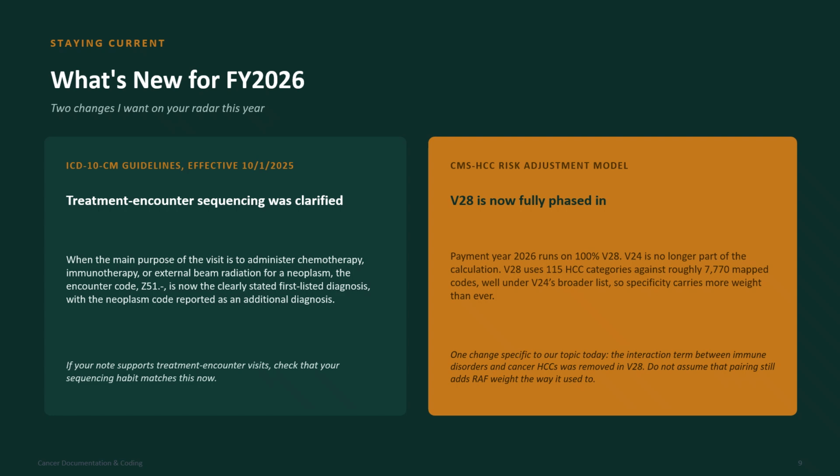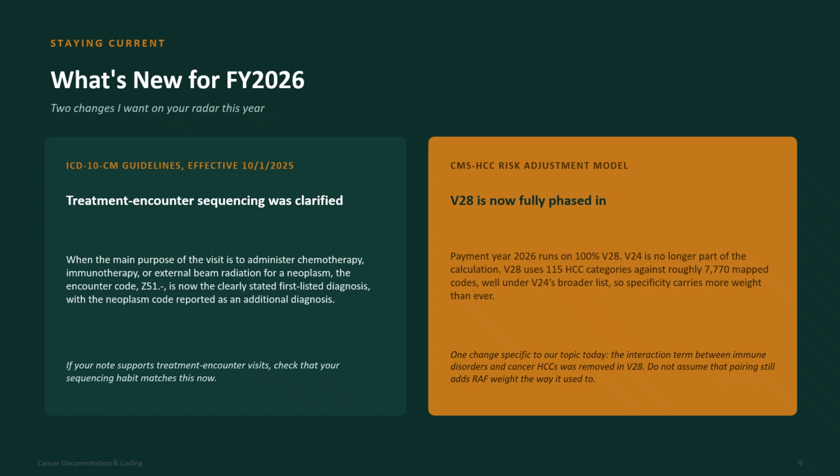And then the second thing, and this is the bigger one for our risk adjustment work, the CMS-HCC version 28 is now fully implemented for payment year 2026, and the blended transition is over. That happened over the last few years.